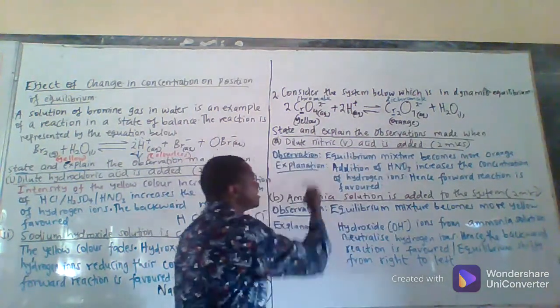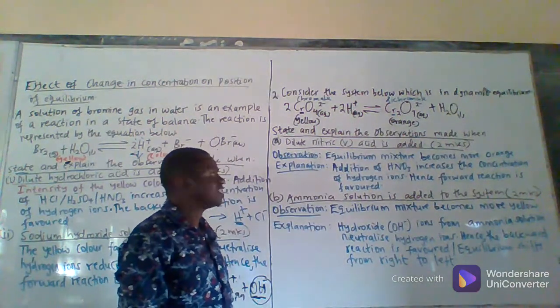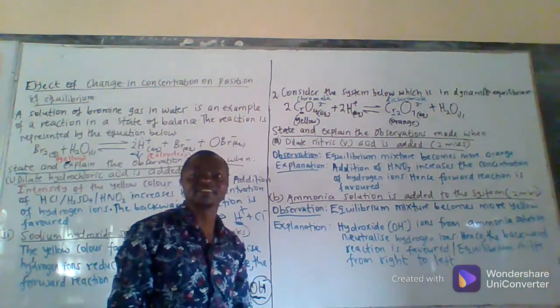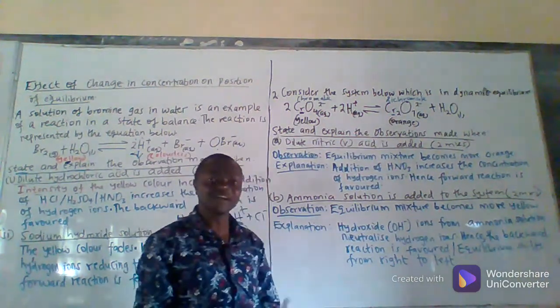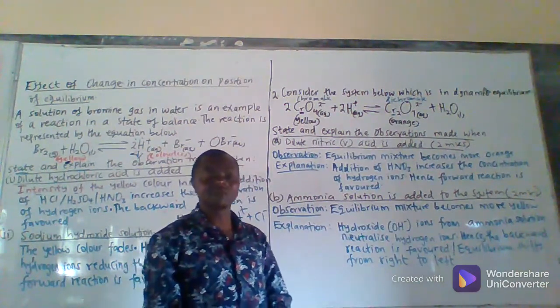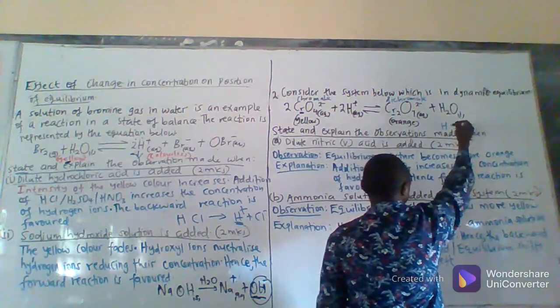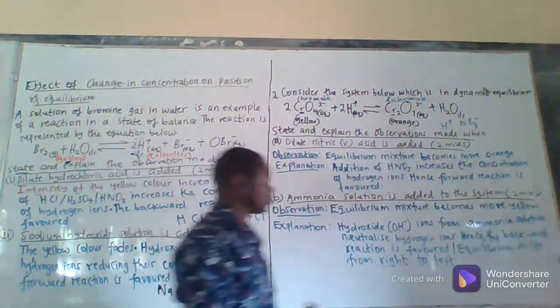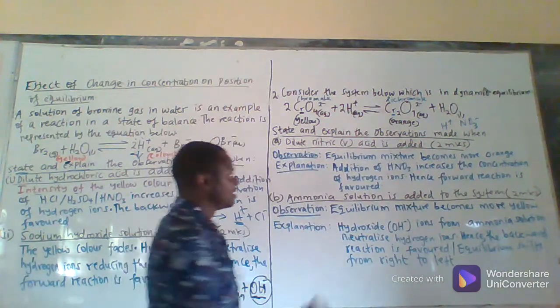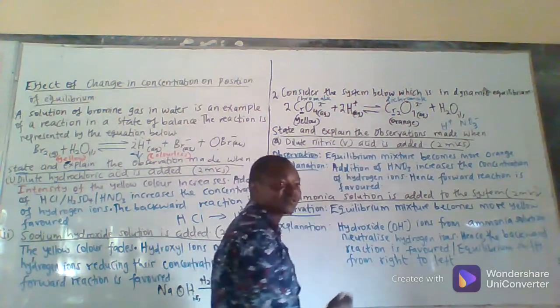Now, suppose you are asked a question like this one that states and explains the observations made when dilute nitric acid is added to that system. Now, we need to understand again the chemistry of dilute nitric acid. We find that dilute nitric acid, just like other acids, consists of hydrogen ions and nitrate ions, and therefore addition of nitric acid is like you are adding hydrogen ions to this system.